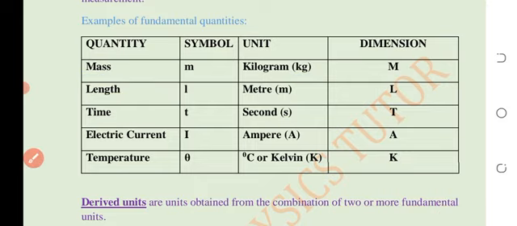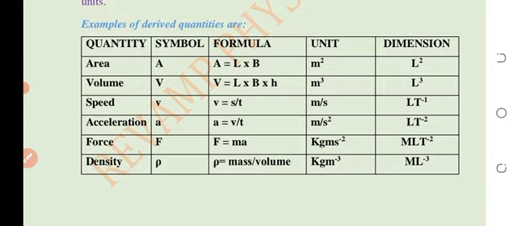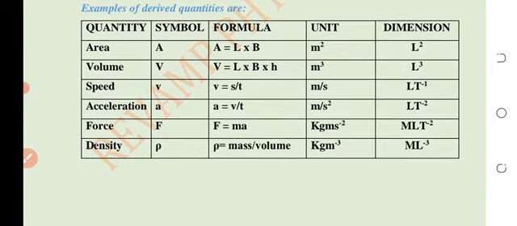Let's quickly look at the table that has derived quantities, their symbol, formulas, and units. As you can see on the screen, we have a table for derived quantities. A derived quantity is a combination of two or more fundamental quantities.